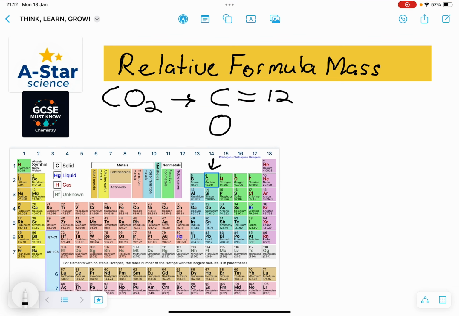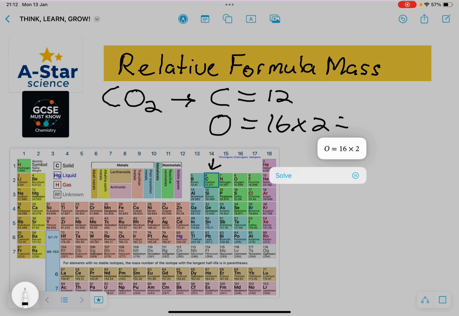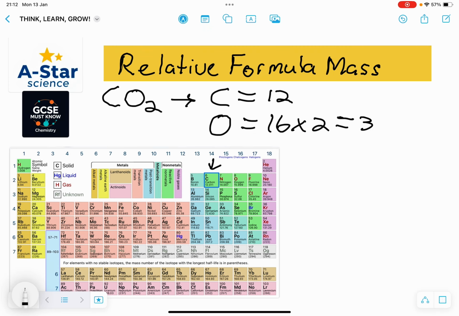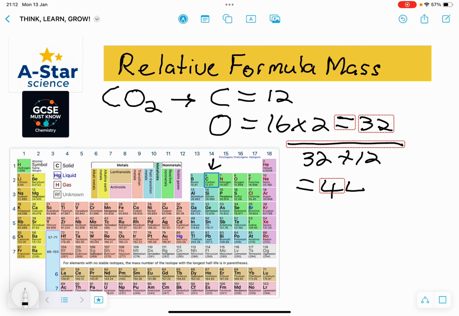And then oxygen, it's got 2 of them, and that has a relative atomic mass of 16 times 2, which equals 32. And if we add that together, 32 plus 12, that's going to be equal to 44.